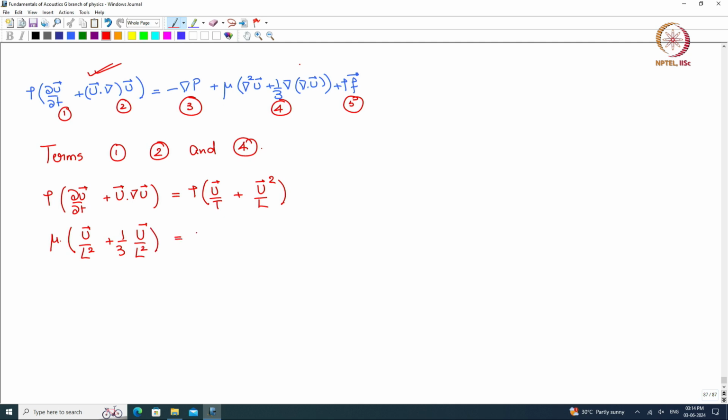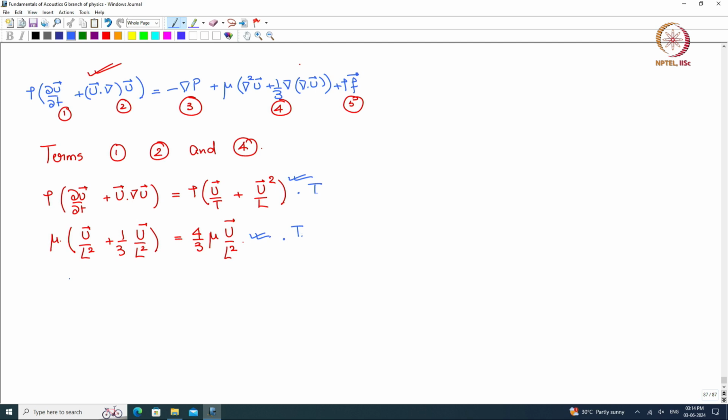So that gives me a 4/3 mu u bar by L squared. So we have these two terms, this term and this term. Let us multiply both of them by time.